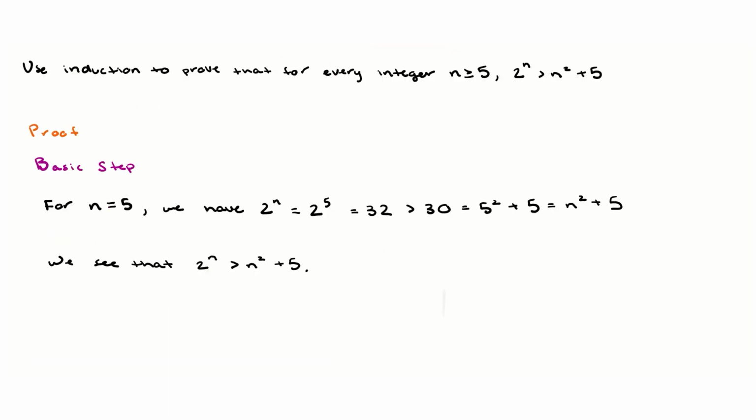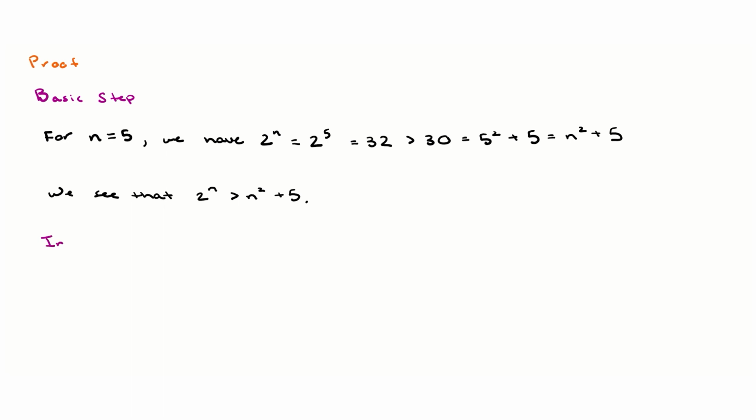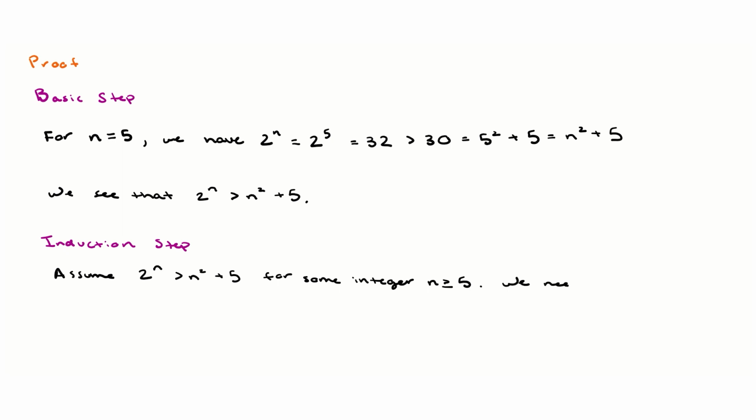Now for our induction step. So let's assume that 2 raised to n is greater than n squared plus 5. We need to prove that 2 raised to n plus 1 is greater than n plus 1 squared plus 5.